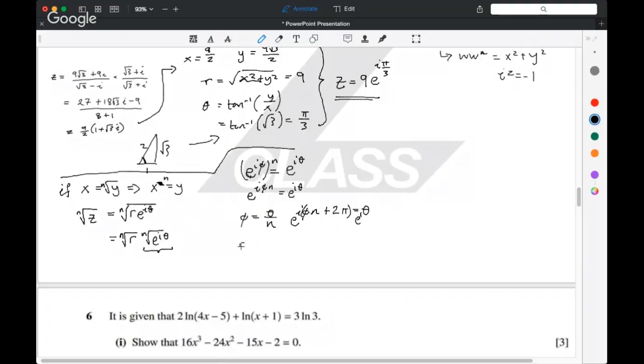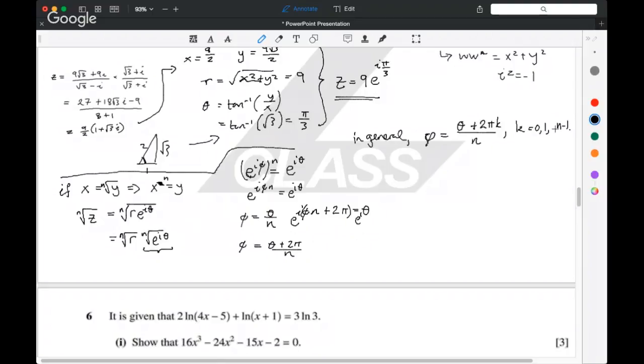So therefore, phi equal to theta plus 2 pi over n is also a solution. And in fact, in general, phi can be equal to theta plus 2 pi k all over n, where k is equal to 0, 1, and all the way to n minus 1.